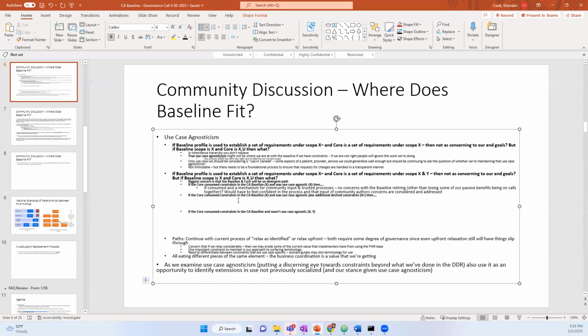If we are considering, let's say, as we're working through this theoretical exercise, that the governance process in this future program ticked all the boxes, and let's just say that's the constant. I think that probably is going to be the constant of what is desired, regardless of where the baseline fits in here.